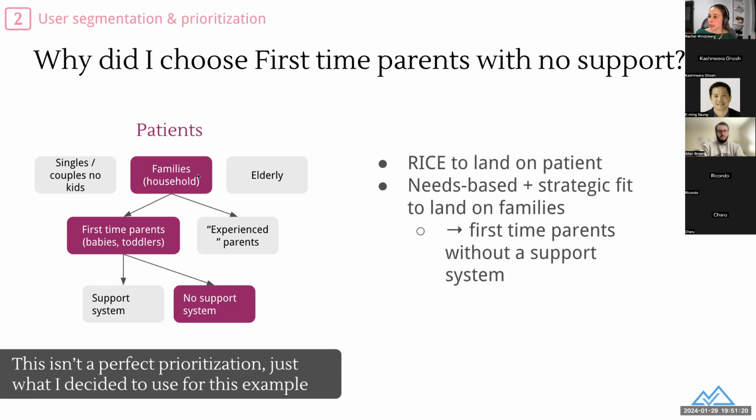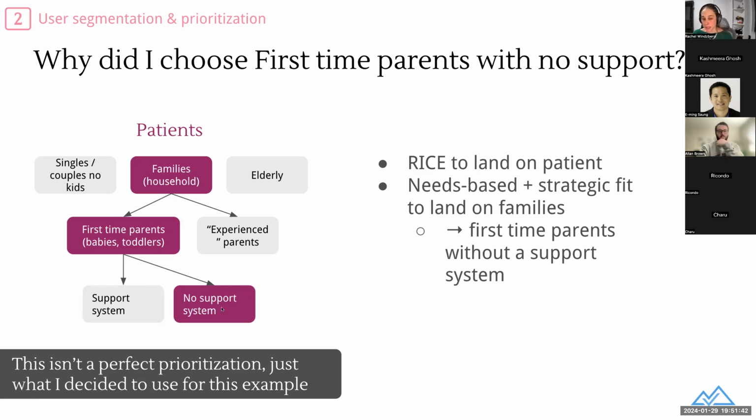and they already use Yelp to figure out where to go to brunch. So I could also think about that, but maybe the impact there is lower. I think with families, that's where doctor routines start becoming more of a monthly or bi-monthly thing. Then I'm thinking about first-time parents as needs-based plus the strategic fit to land on this.